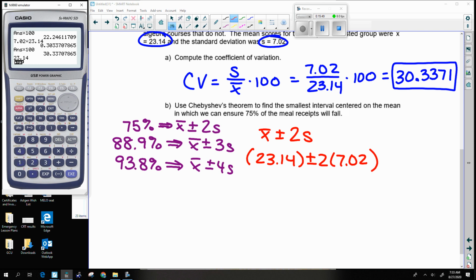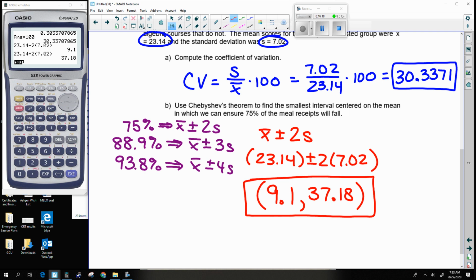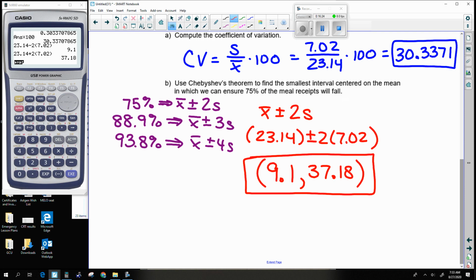So this is going to be 2314 minus 2 standard deviations, and the average plus 2 standard deviations. This is interval notation. That is what that means. So low to high. Don't write it backwards, like 37 to 9. That doesn't make any sense.